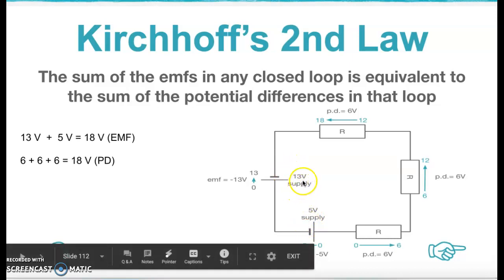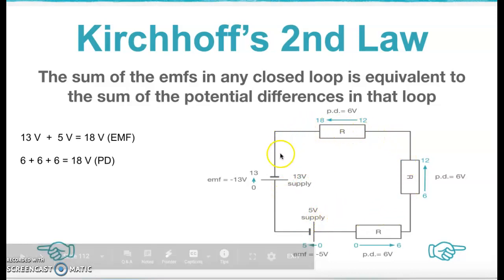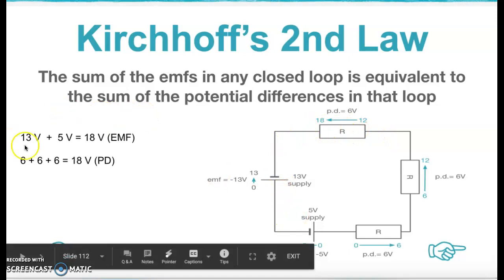I'd have had 13 minus 5, because the push of the 5 would be in the opposite direction. So I need to do it like this. 13, go round in this direction. I found another EMF, and it happens to be in the same direction. So I add them. And I end up with 18 volts of EMF. Let me go round the circle to see if there's any more EMFs. There's no more EMFs. So this bit is done.